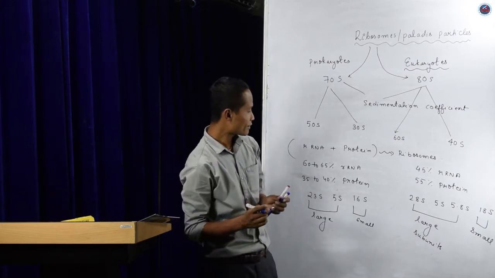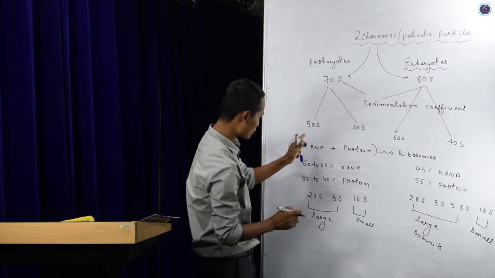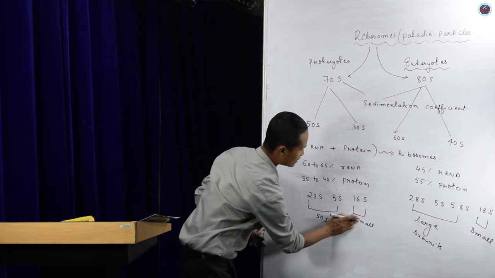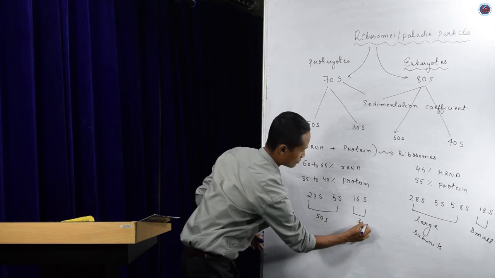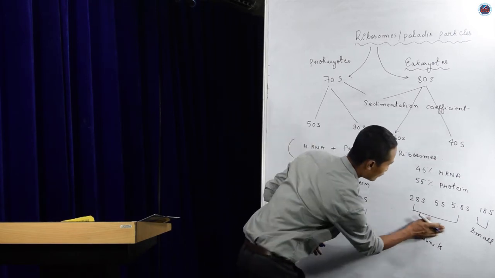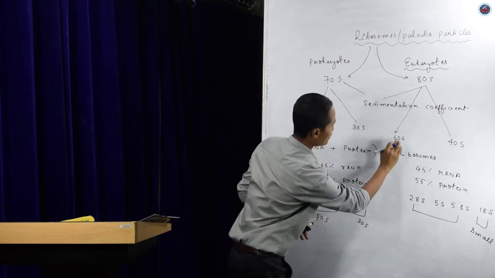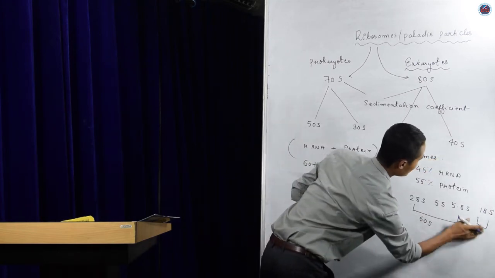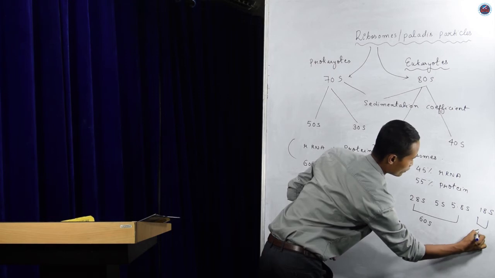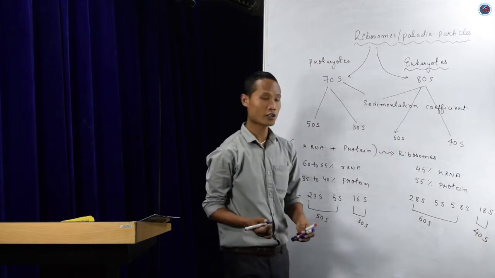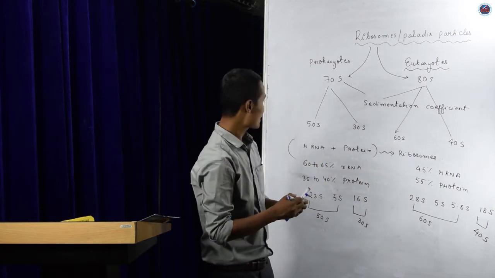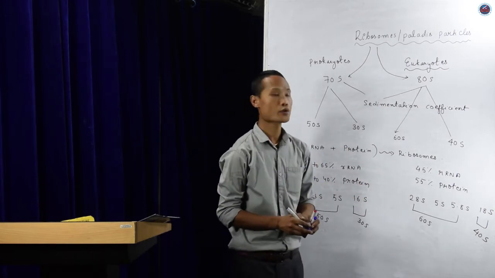It means that if I say large subunit, it is a part of 50S, and the small one is a part of 30S. In eukaryotes, the large subunits are a part of 60S, and the smaller subunit, this 18S, is a part of 40S. So these are the basic compositions of the ribosome.